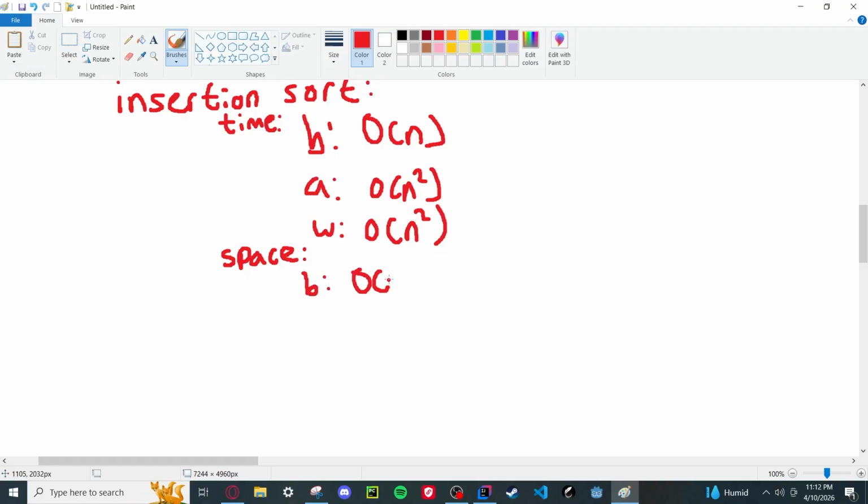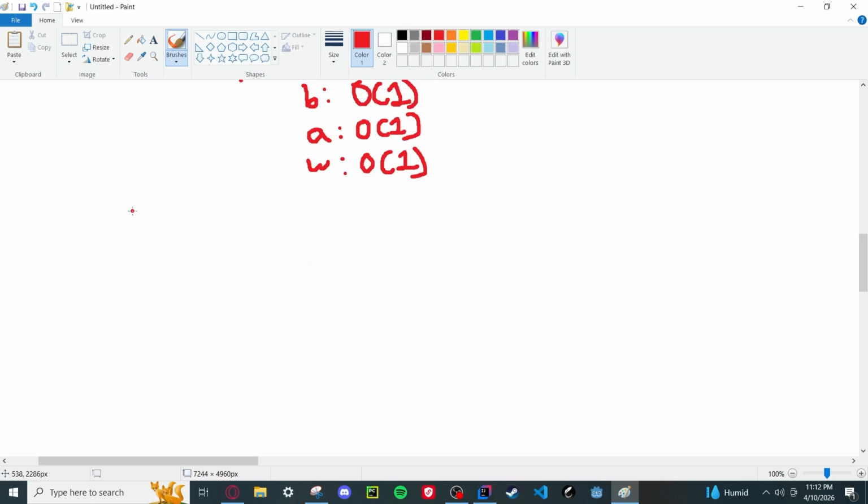Let me write that in. And then worst is O of 1. Okay, cool. Let's move on to the first recursive sort, which is merge sort.